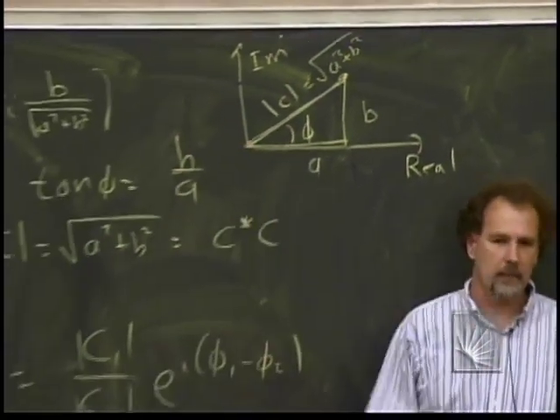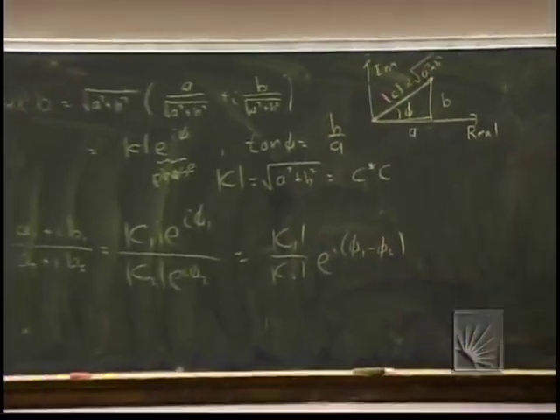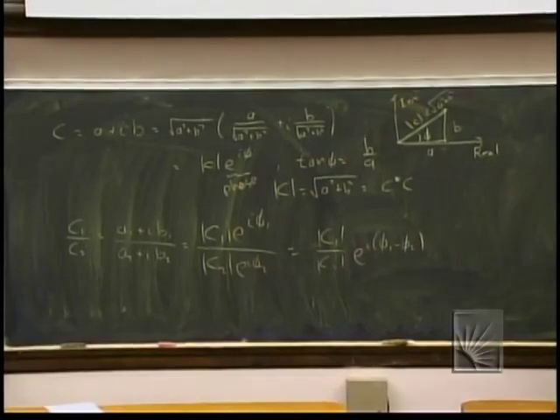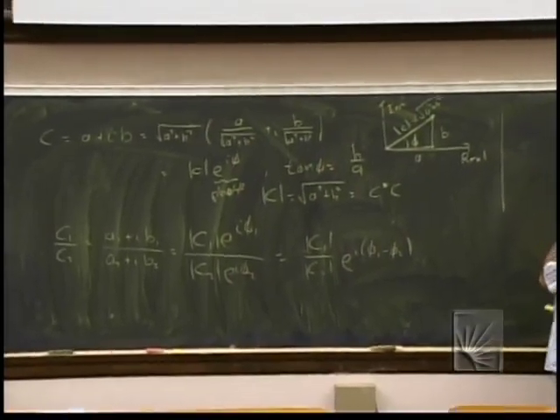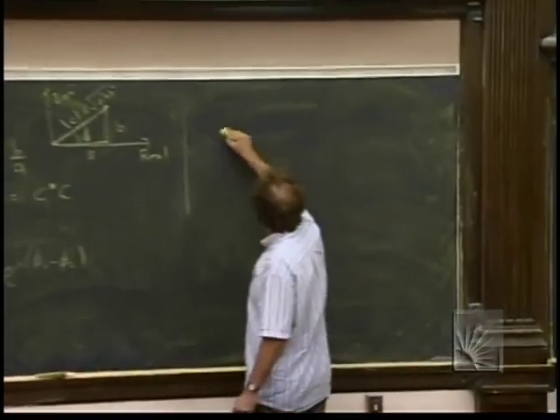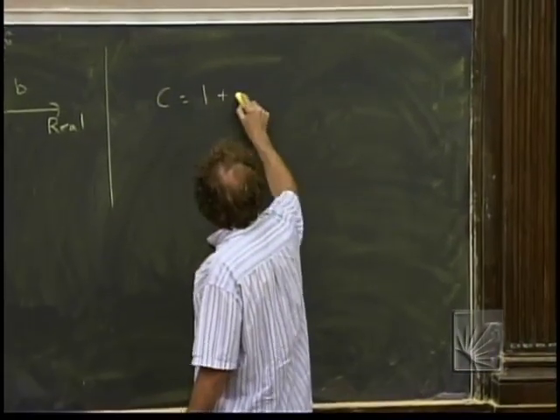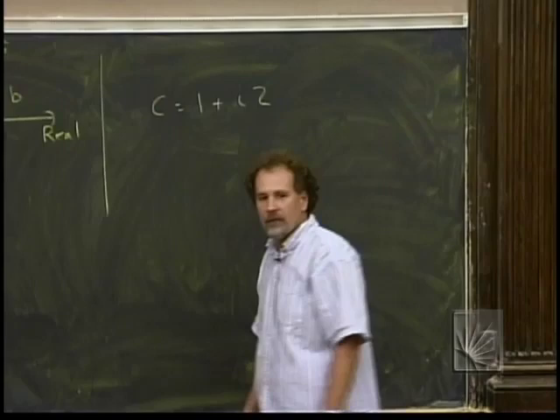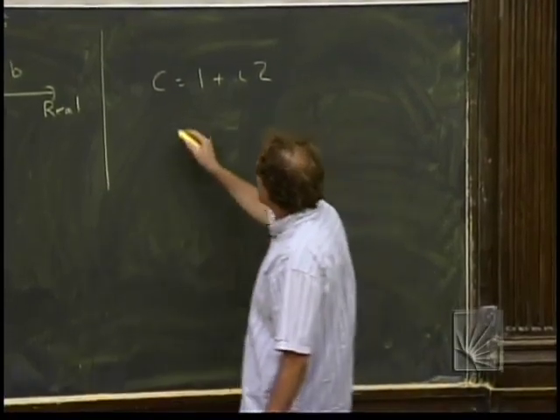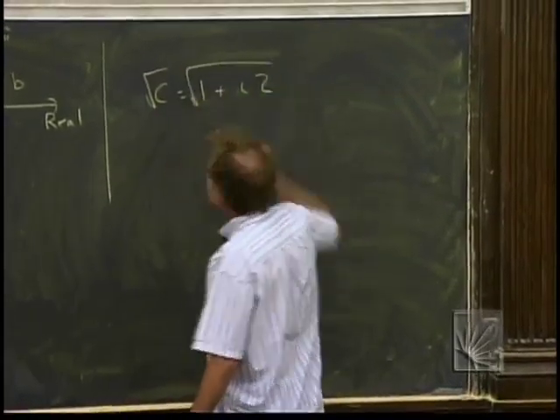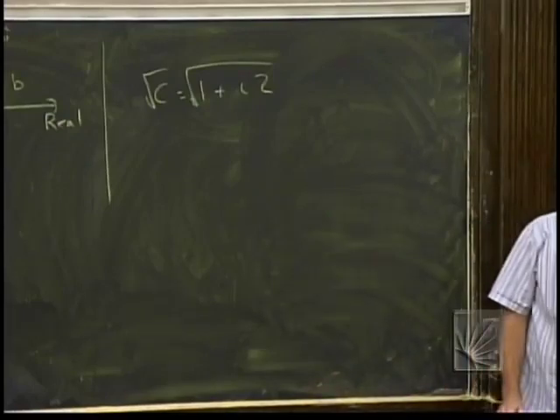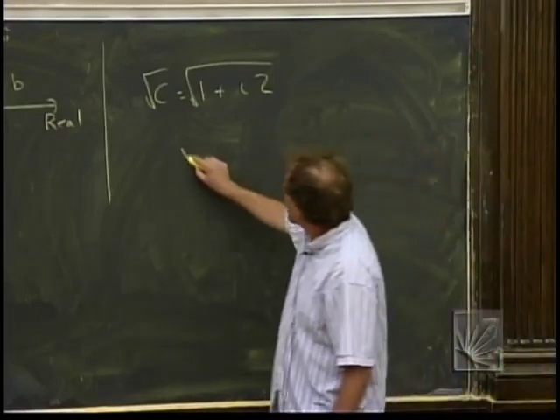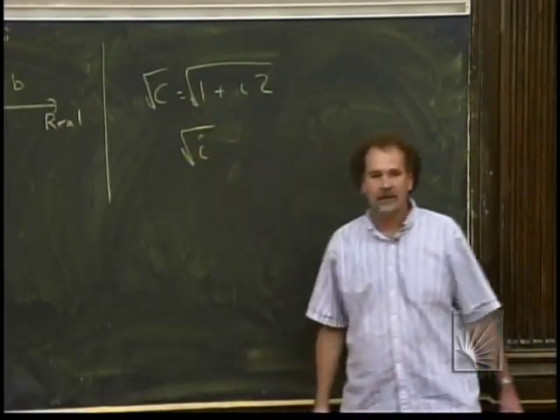Then it's all imaginary. A final comment, what if I did something like this? What if I said I had a complex number 1 plus i times 2? Fine. What if I said, let's take the square root of that? Or something simple, let's take the square root of i. What's that?